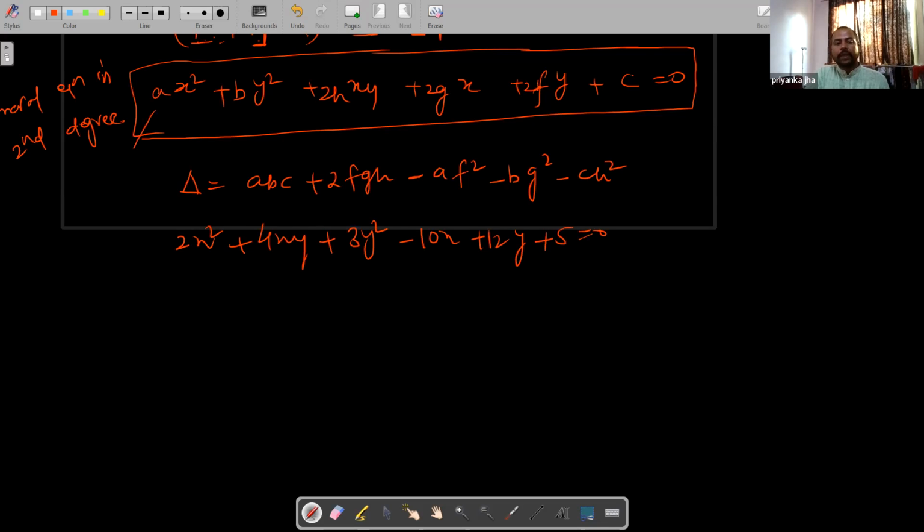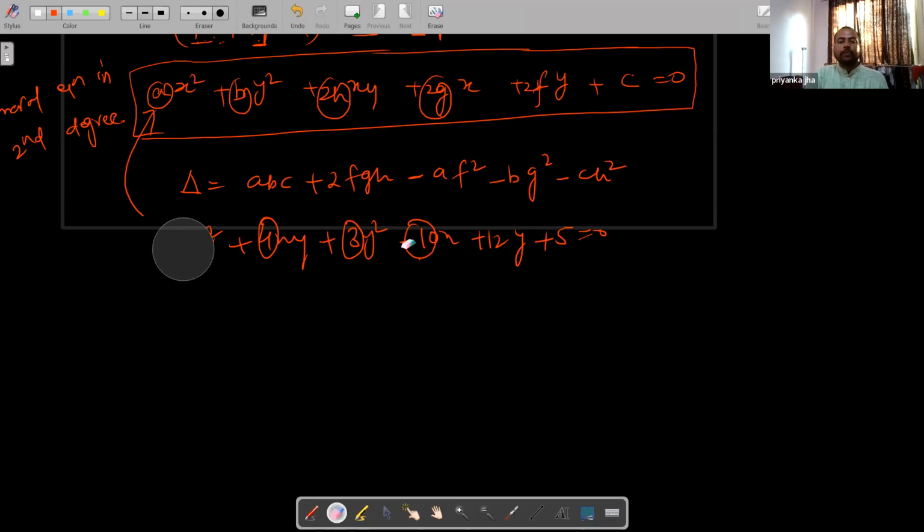Then what do you do? You just compare these two equations, this and this. You can see that a equal to 2, b equal to 3, h equal to 2, 2g equal to minus 10. You have to take it with sign. So g is minus 5. Like that, you will find all of them and then put them here and you will get the value of delta.